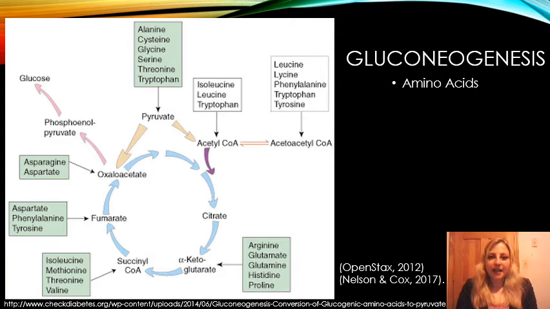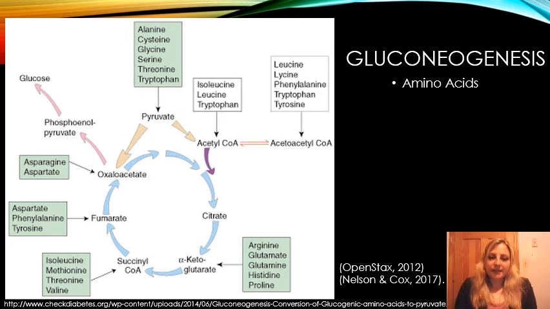Next, aspartate, phenylalanine, and tyrosine can enter as fumarate. Moving up, asparagine, aspartate can enter as oxaloacetate. And in the top green box, alanine, cysteine, glycine, serine, threonine, and tryptophan can enter as pyruvate.